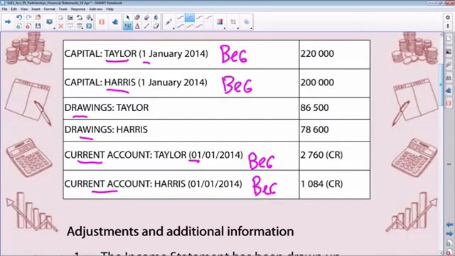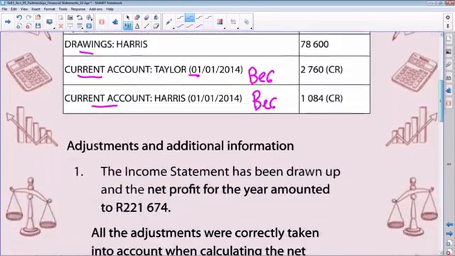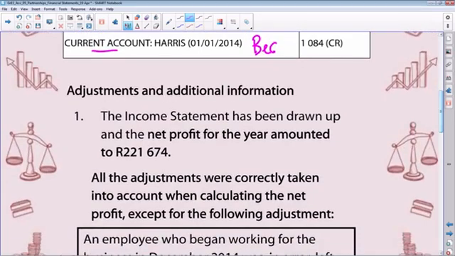Okay, with me. Right, then some adjustments and additional information. So I'm going to quickly read through this information so that you are aware of what we're working with. The income statement has been drawn up and the net profit for the year amounted to 221,674. So in other words, they've already taken our income minus our expenses and they've worked out our net profit for the year.